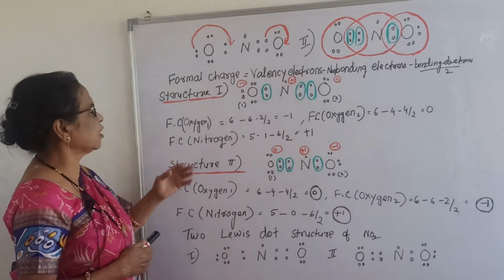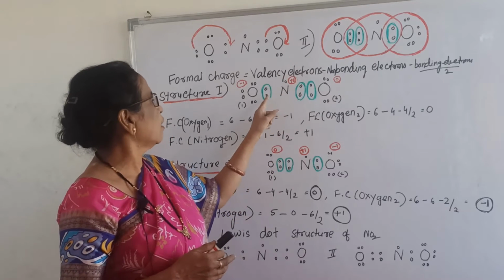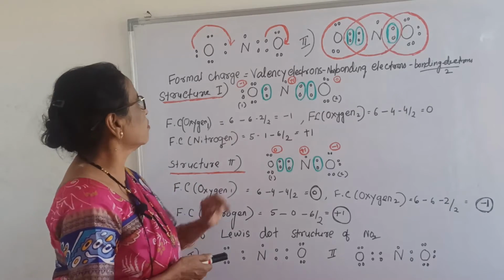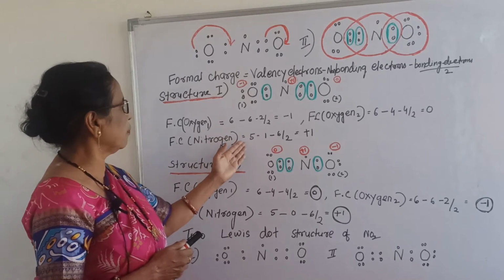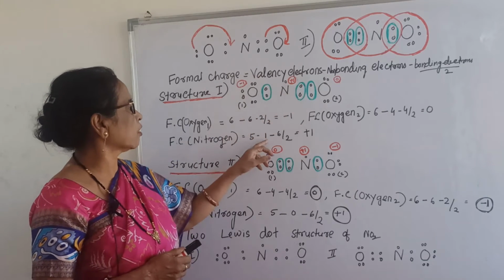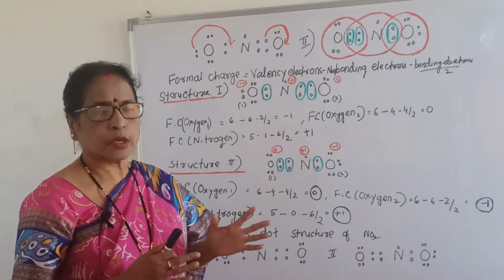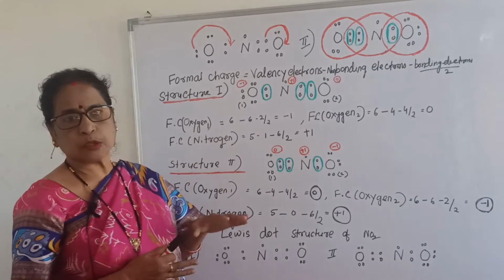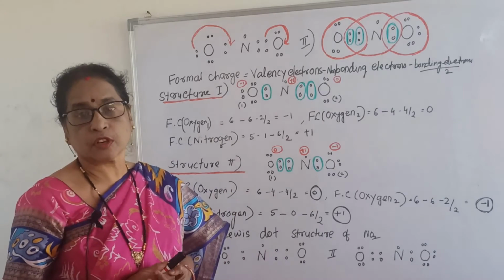Then the formal charge of nitrogen: the bonding electrons are 3 pairs, meaning 6 electrons, whereas non-bonding electron is only 1. So put in the formula 5 as the valence electrons, minus 1 non-bonding electron, minus 6 by 2 for bonding electrons. The result is plus 1. So see here the formal charges: for oxygen 1 minus 1, oxygen 2 zero, and nitrogen plus 1, for structure 1.